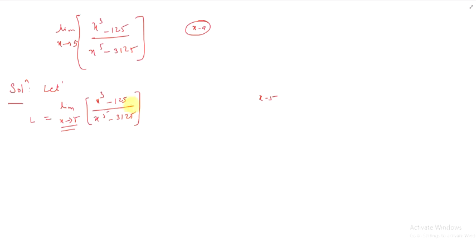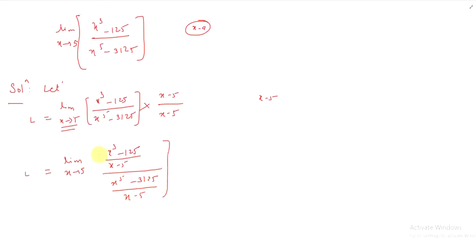Here we divide and multiply numerator and denominator by x minus 5. Therefore, our limit becomes limit x tends to 5 of (x cube minus 125) by (x minus 5) upon (x raised to 5 minus 3125) by (x minus 5), isn't it?